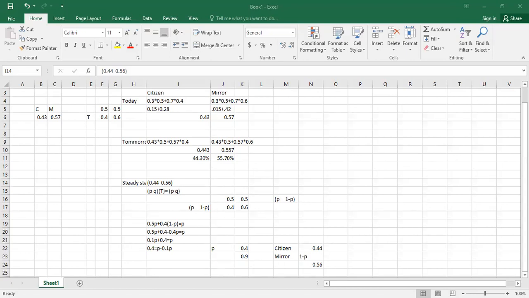So you have our transition matrix. And then after the advertising and rebranding campaign, the transition matrix is expected to change as follows. It has changed.